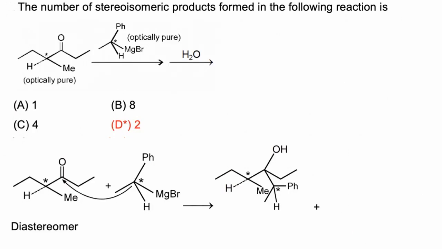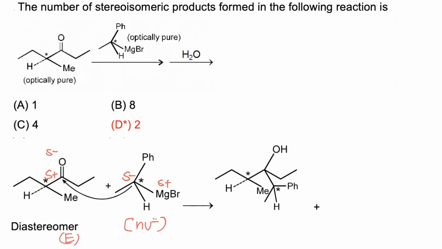In this question we have to find the number of stereoisomer products formed in the reaction. Now the Grignard reagent will act as a nucleophile because of the presence of the carbon-magnesium bond. Magnesium has a partial positive charge and carbon has a partial negative charge. So the Grignard reagent will act as a nucleophile, and this carbonyl compound has a polar pi bond, so it will act as an electrophile.